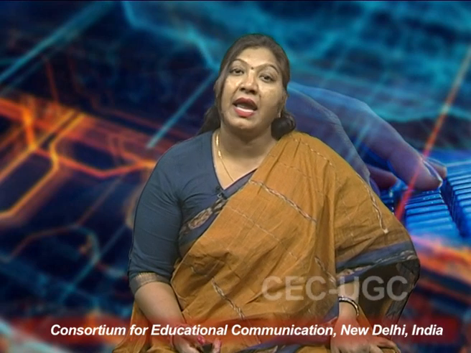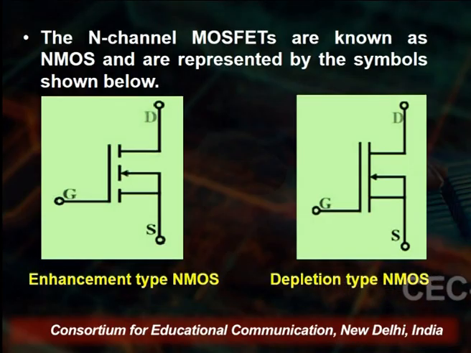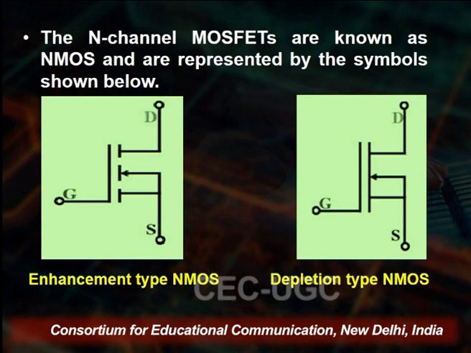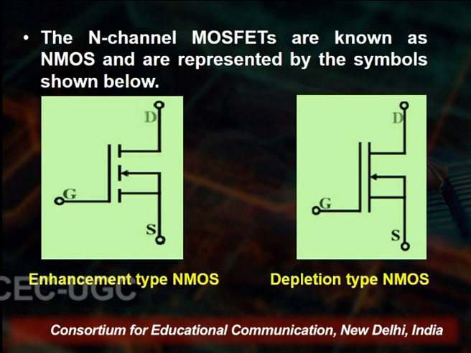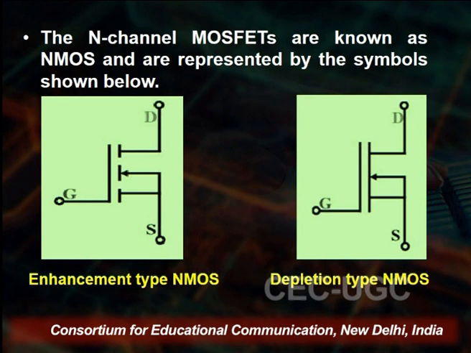The N channel MOSFETs are known as the NMOS, and that is represented by the symbol shown below. Here we have an enhancement type NMOS and a depletion type NMOS.